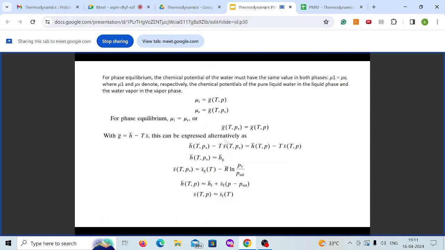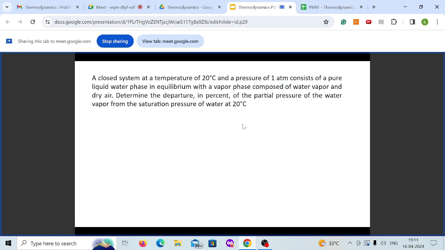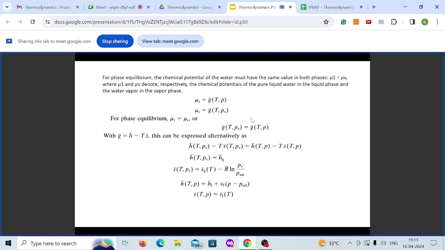So this is a phase equilibrium problem. I'll go through this problem again. This problem said that you have a closed system, you have water in equilibrium with moist air. For phase equilibrium to happen, the chemical potential of the component in each of the phases should be equal. So we know temperature and we know the pressure.